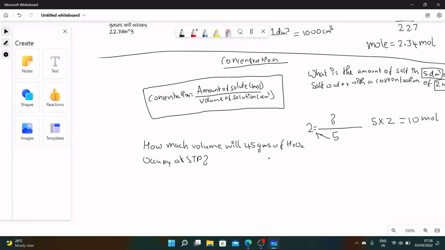Over here, it's a two-step calculation, two formulas. When we are looking at volume, the formula is in the form of dm cube, but what we have is grams over here. So we need to find out the moles.